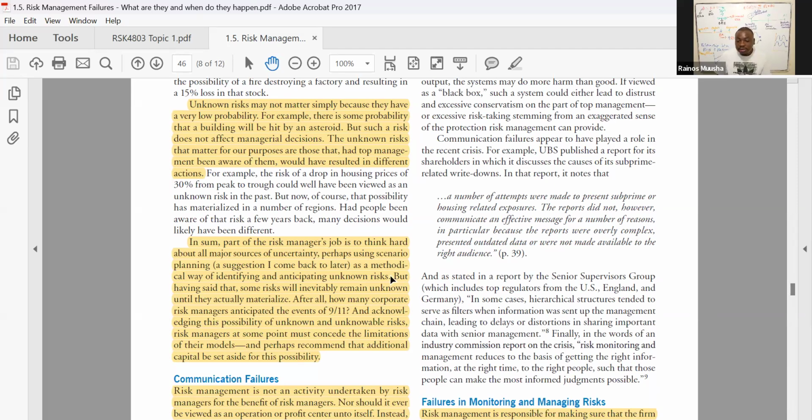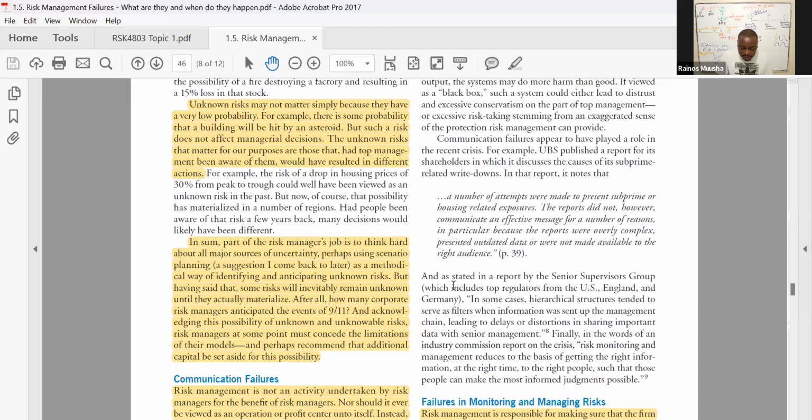We are going to look at scenario planning in study unit 2. But having said that, some risks will inevitably remain unknown until they actually materialize. After all, how many corporate risk managers anticipated the events of 9/11?